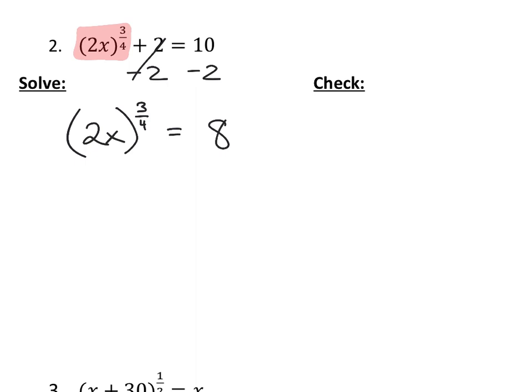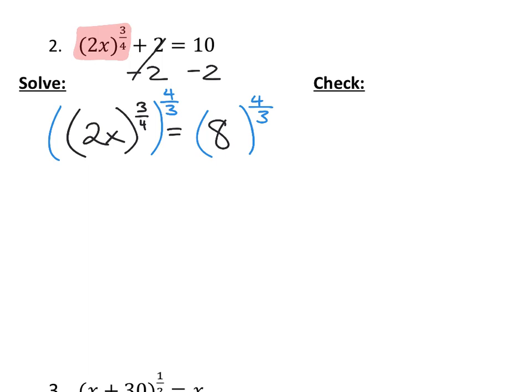Okay, cool. I've isolated the thing with the power. The next step is to take both sides and put them in parentheses, just like I did before. But instead of raising it to the squared power or to the 3rd power, I'm going to raise it to the reciprocal power, which means I'm going to raise it to the 4/3 power on both sides. Where did I get the 4/3 from? Flipping 3/4. Okay, cool.